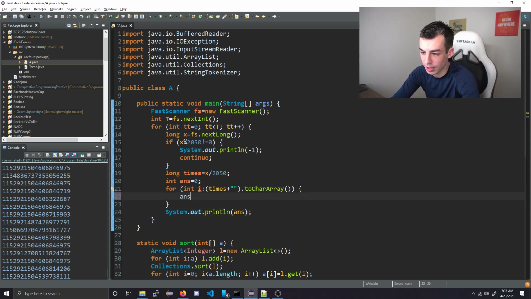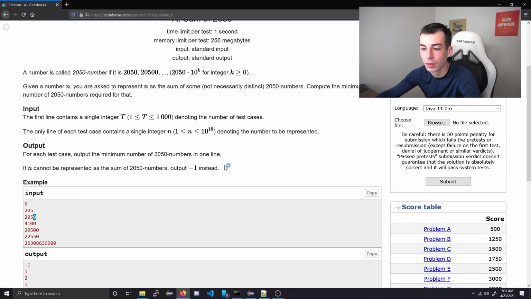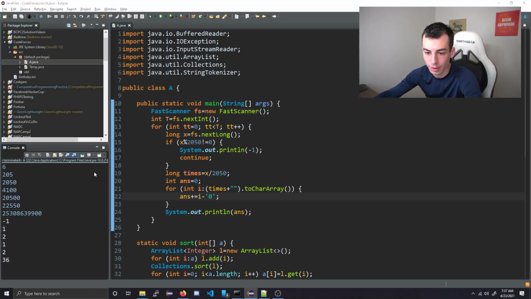So in this case, we say ans plus equals i minus 0. -1, 1, 2, 1, 2, 36.